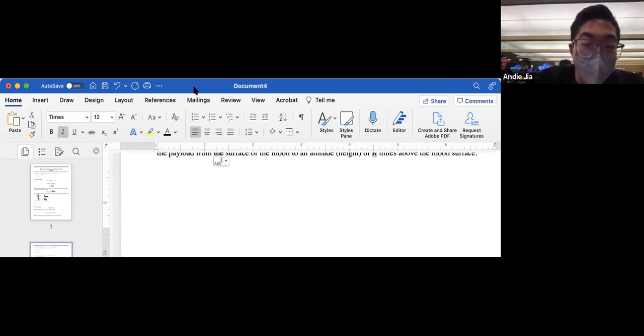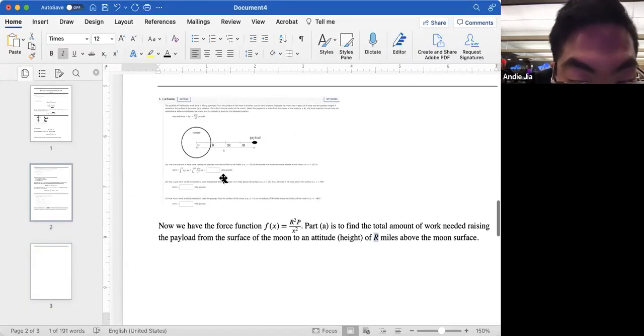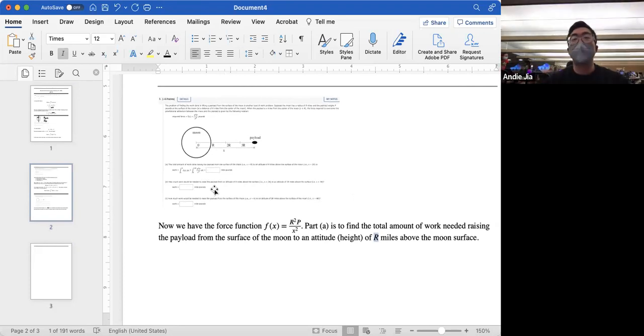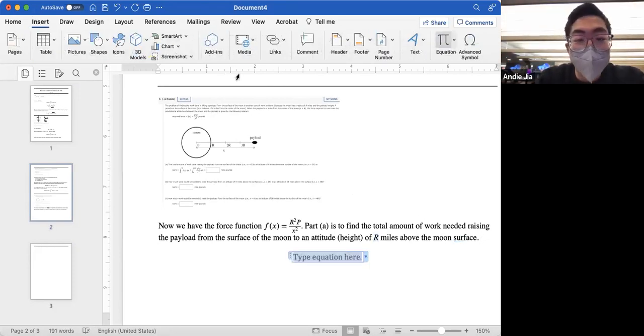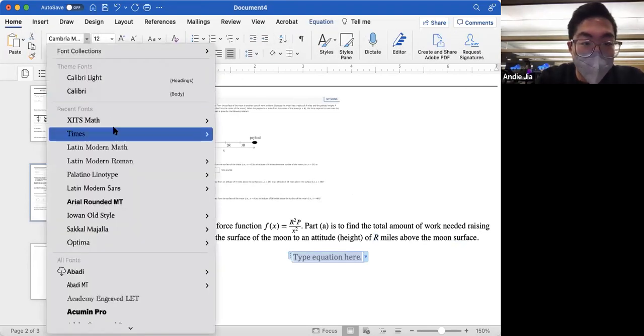So it's from x equal to r to 2r. r is a constant because we're integrating with respect to x. So r is just the height, it's not a variable.